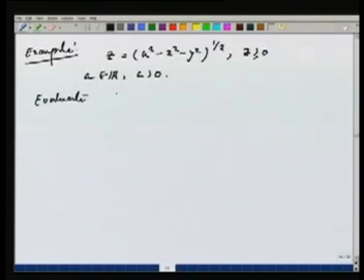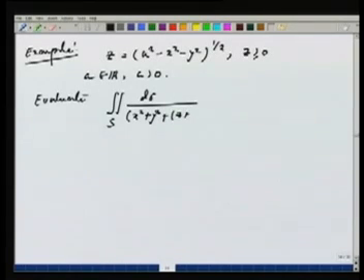this integral, that integral over S d sigma by x square plus y square plus (z plus a) whole square. Okay. So the integrand is the function, and I want to integrate the function over this sphere.